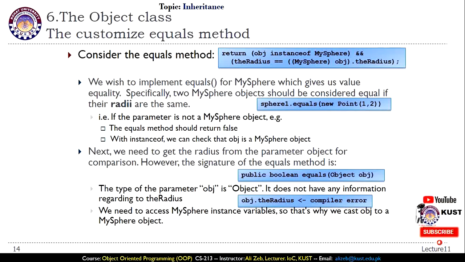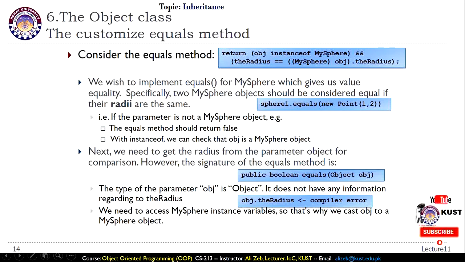In that case, we need to convert or cast the superclass object into a subclass object. So we need to access the mySphere instance variable, and that's why we cast obj to a mySphere object. This is what we are doing in this line.